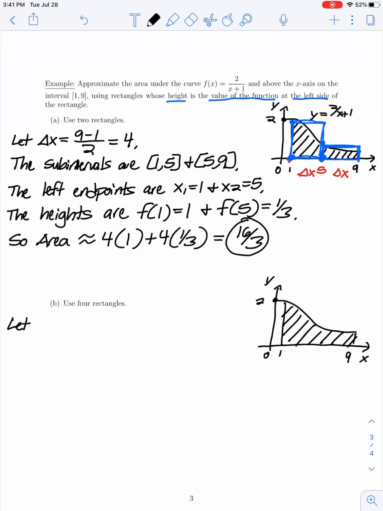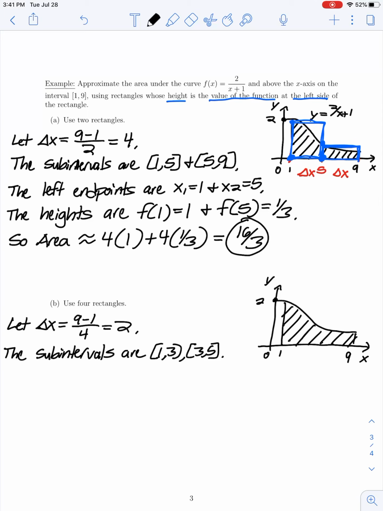To get the width of each rectangle, delta x, we take the length of our interval from 1 to 9, so that is 9 minus 1, and divide it into 4 equal pieces. This would give us a width of 2, which means that the subintervals for our rectangles are going to be from 1 to 3, from 3 to 5, from 5 to 7, and from 7 to 9.